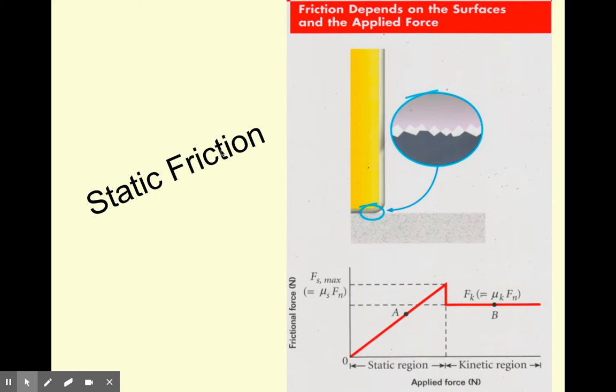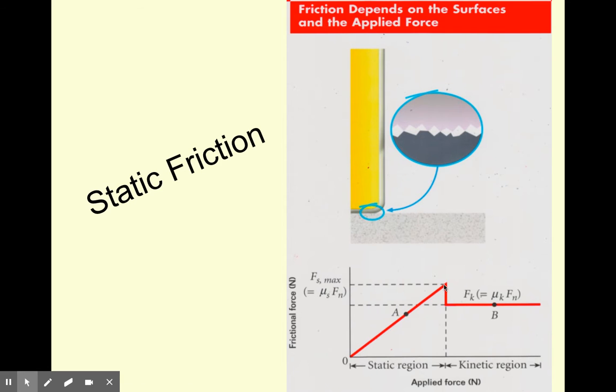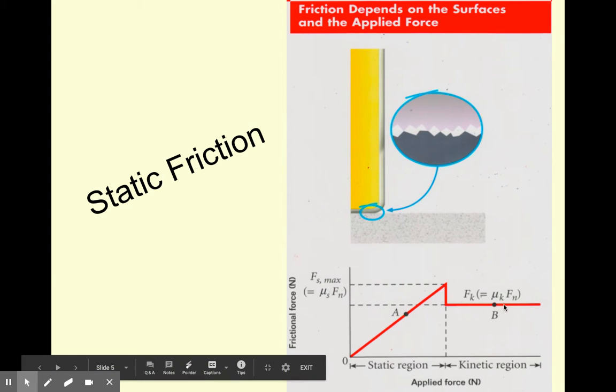Okay, so with static friction, if you look here, a book sliding across the floor actually looks like this at the microscopic level, all jaggedy like a little mountain range. So when it goes over there, we know that for static friction there's got to be some force. Static friction will be more and more until the point where the book starts to move, and then we're going to have a nice constant amount there.